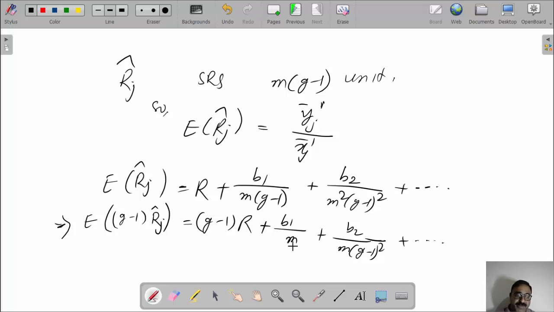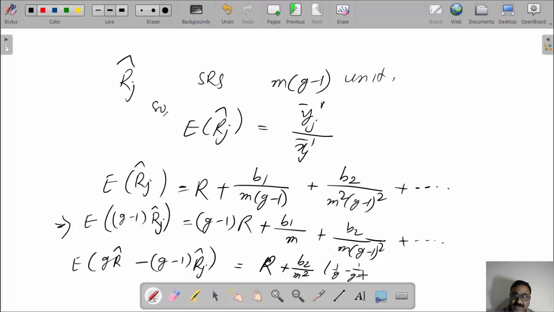Now by subtracting, we can see expectation of g r cap minus g minus 1 r_j cap will be equal to r plus b2 by m square into 1 by g minus 1 by g minus 1 and so on.